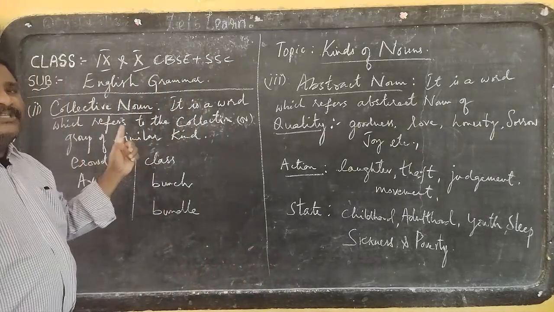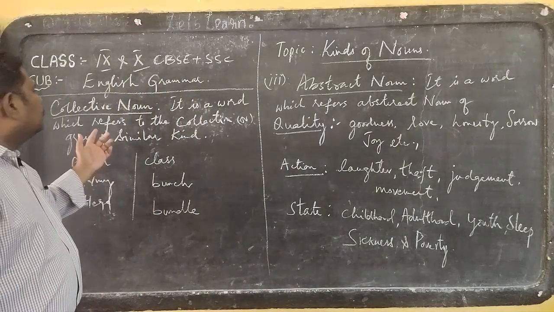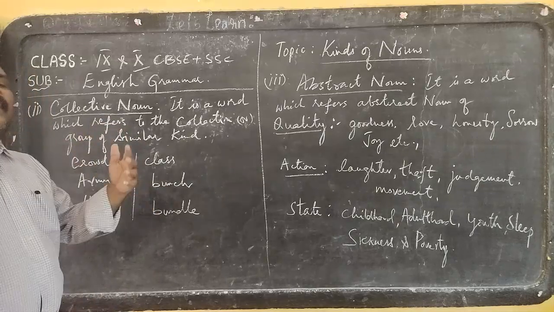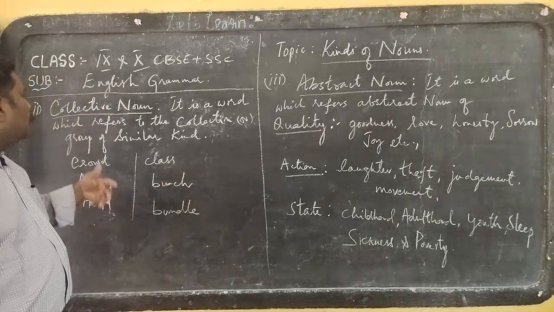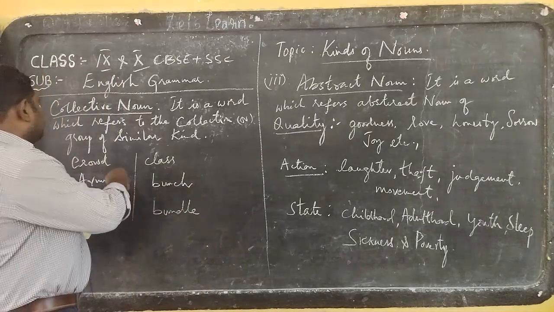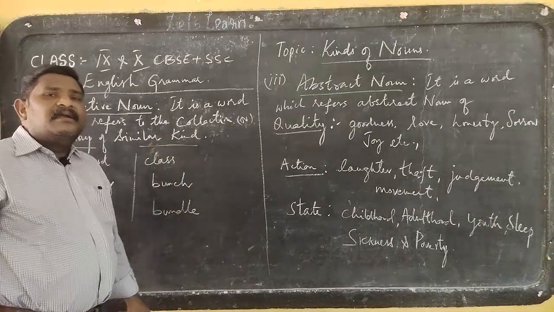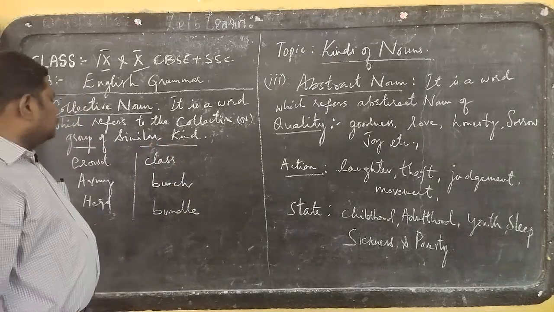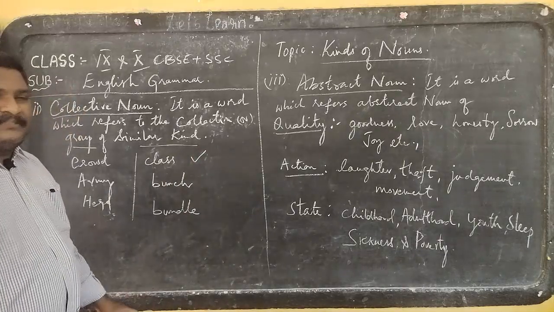Now, whereas in collective noun, as I am telling you, it's a word which refers to a collection or group. I mean to say a collection or group of similar kind. For instance, take the very best example of the school scenario, that is class.